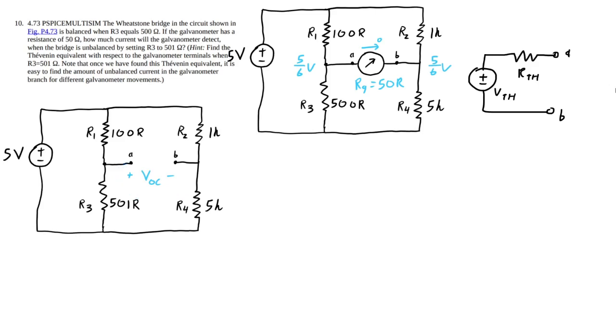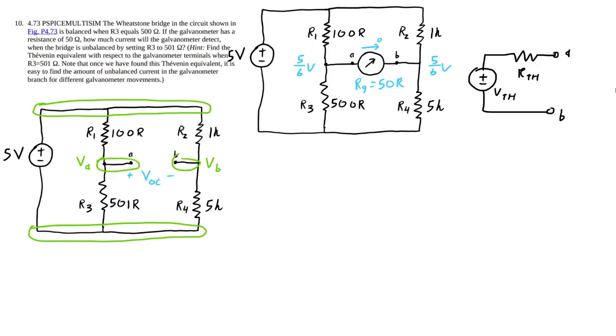We're going to solve for the Thevenin equivalent. So first thing I want to do, call these two nodes VA and VB. And I'll call this 5 volts. So I'll call this ground, which makes that 5 volts.